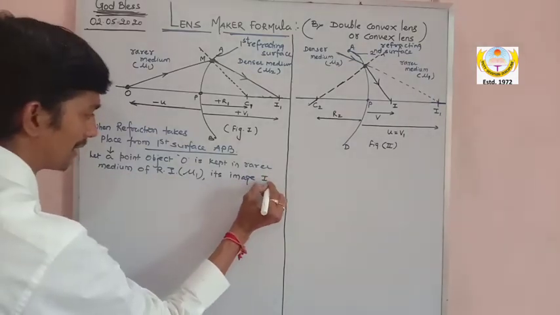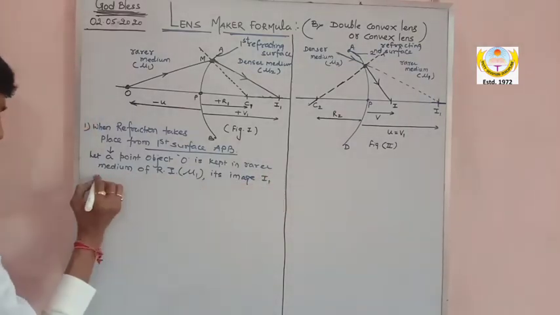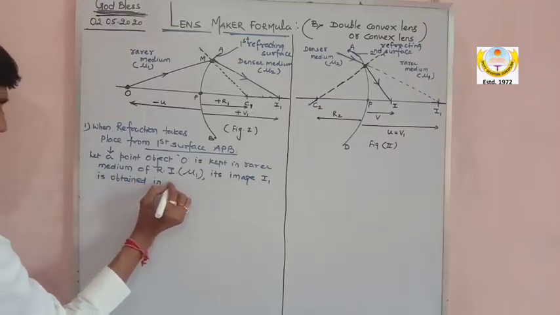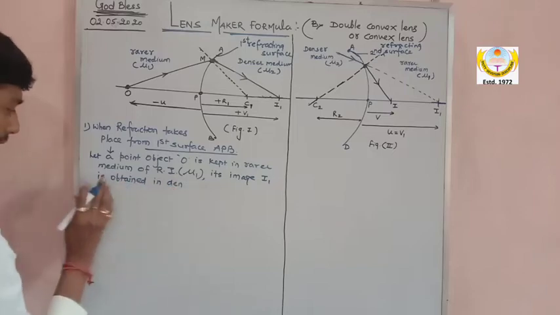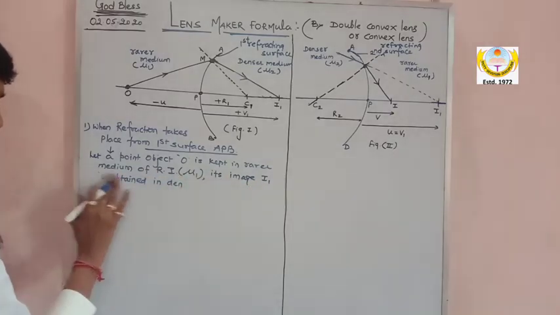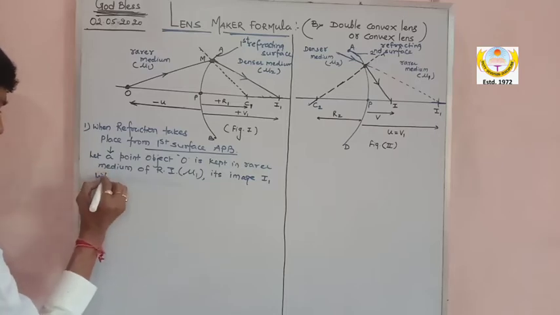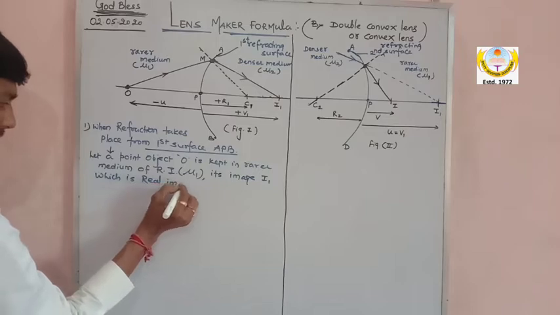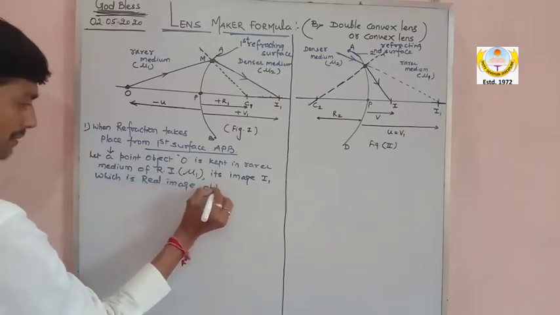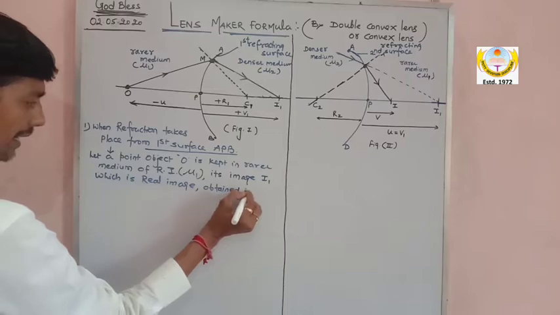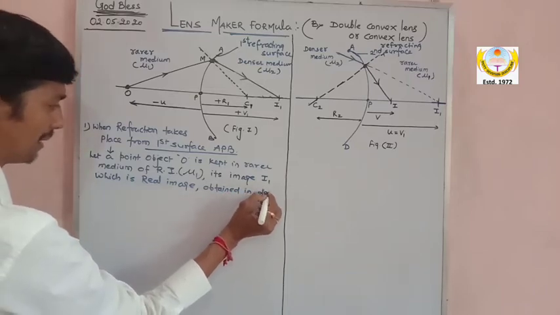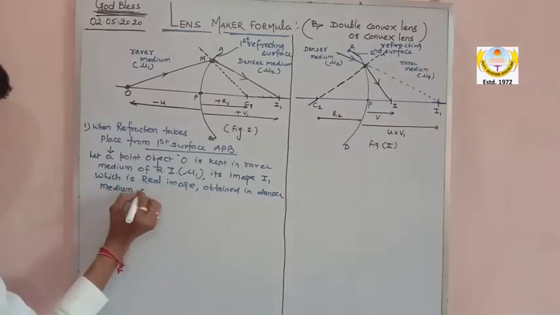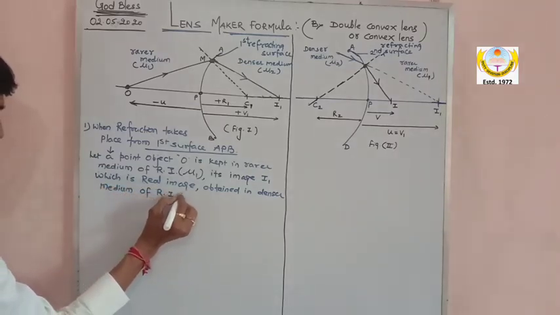In the figure you can see its image I1 is obtained in denser medium. Its image I1, which is a real image, is obtained in denser medium of refractive index mu2.